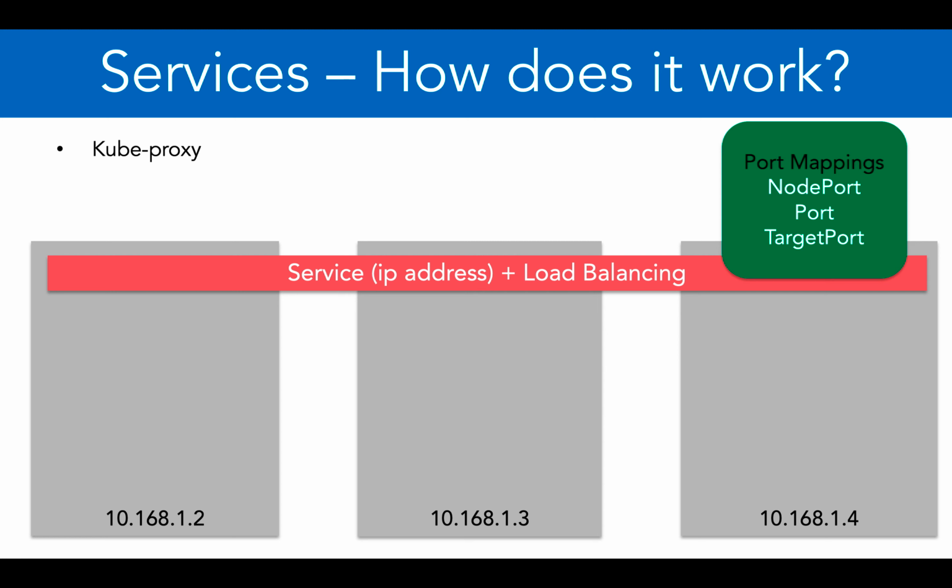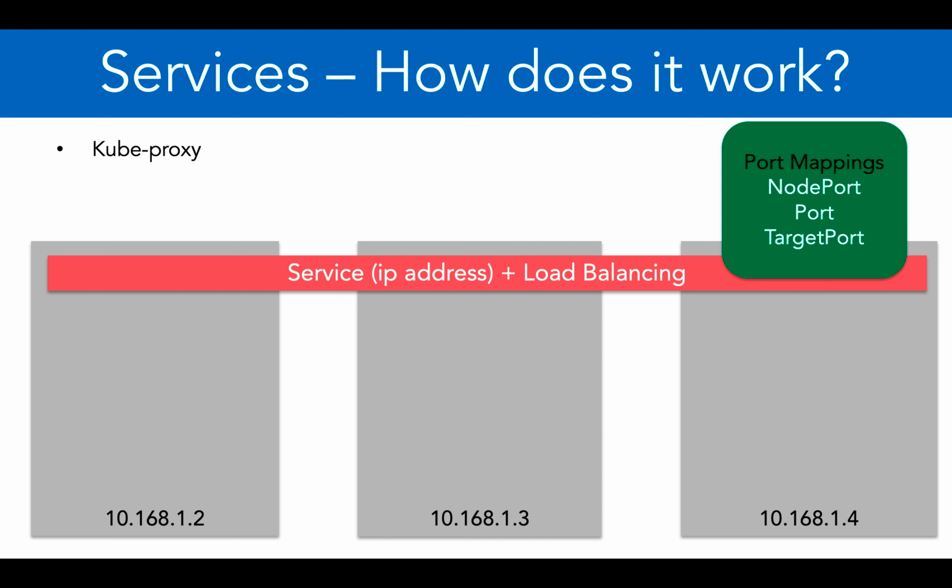I'll try to make you understand using node port, and hopefully you'll be able to extrapolate that to cluster IP, because node port does a little bit more, and whatever cluster IP does is completely done by node port also. So as I said, we mention the node IP address, the node port in the service port mappings. Then we mention the port of the service. Then we mention the port where the application has been deployed on the pods.